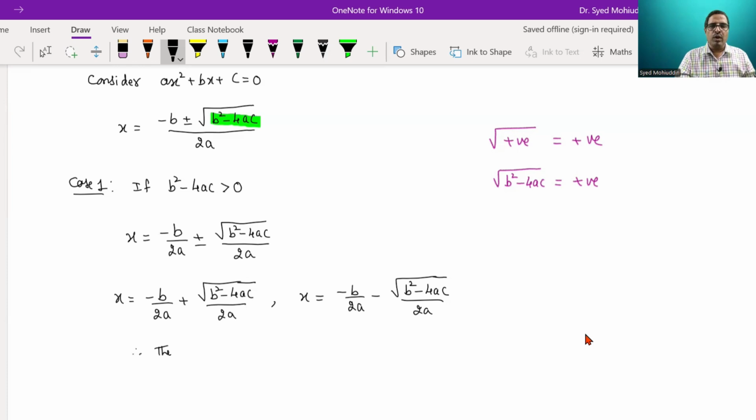Therefore, these two roots are real and distinct roots. Since both the roots are different, we can say they are distinct roots. So if b square minus 4ac is greater than 0, then we can say that the two roots are real and distinct.